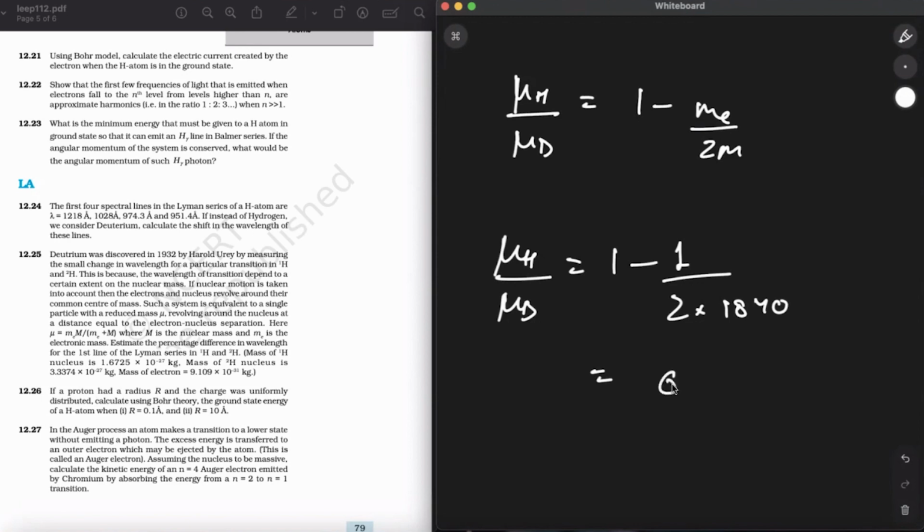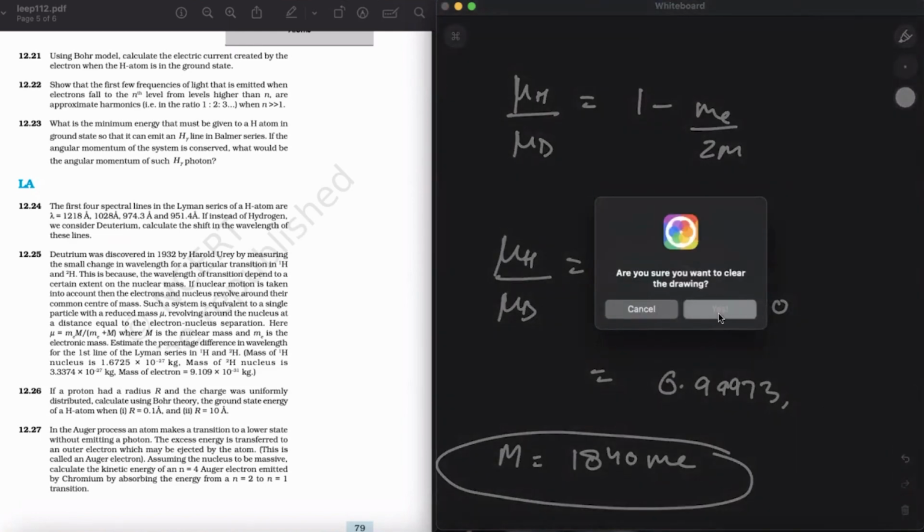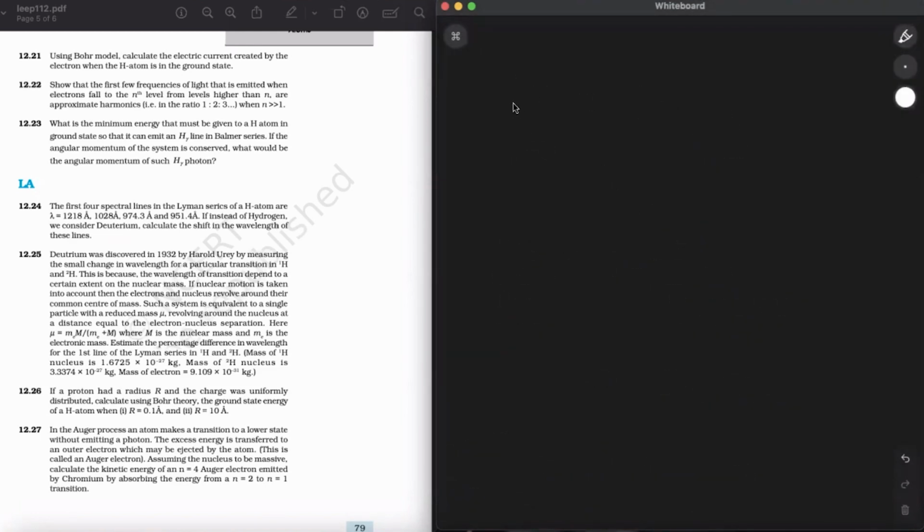Basically, I've used this relation that mass of proton can be written as 1840 times mass of electron. So now calculating this is going to become 0.9997. Okay, so this is the ratio between the reduced masses. So this can be the ratio between the lambdas too. So lambda D upon lambda H can be written as 0.99973. Alright.